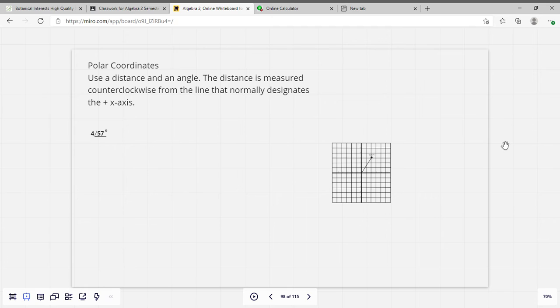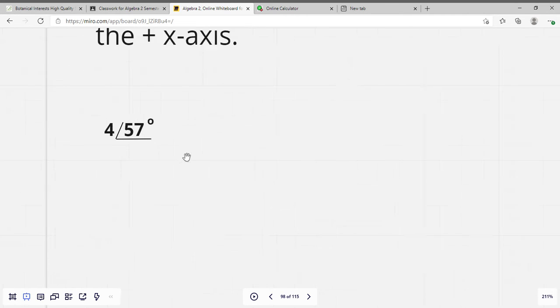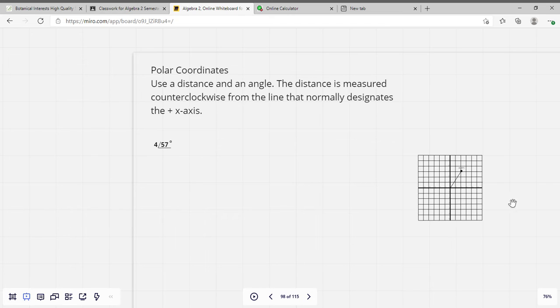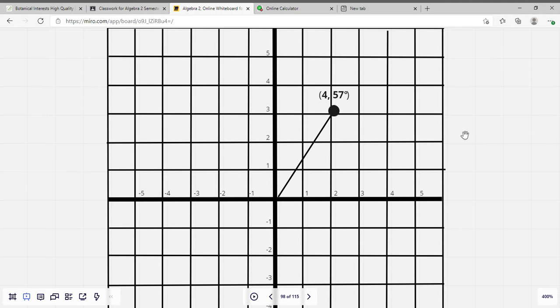All right, the other way of writing them is called polar coordinates, and it's written in a form that looks like that. So we use a distance and an angle. The distance is measured clockwise from the line that normally designates the XY axis. So when we write it, it's going to look like that. So it's 4, and these are what's called vectors, okay?